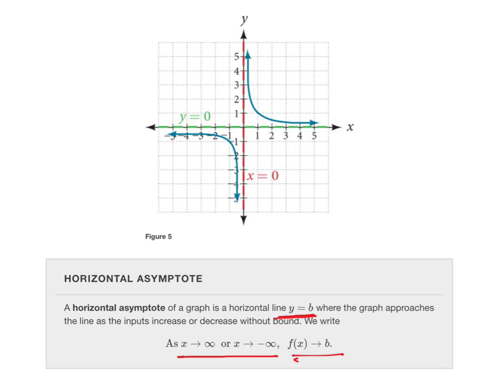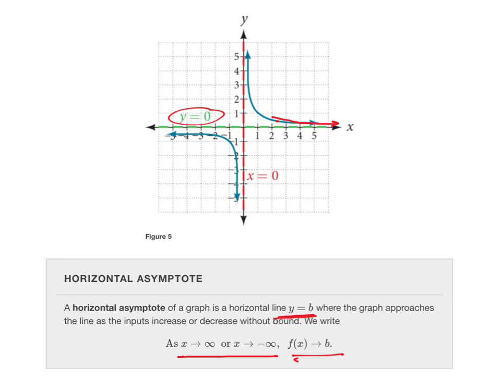Looking at this reciprocal function, if I take x to positive infinity, this function's going to ride right along this x-axis. What's the equation for the x-axis? y equals 0. It's a horizontal line. So that's your horizontal asymptote.